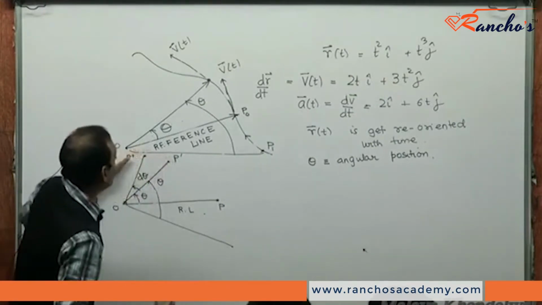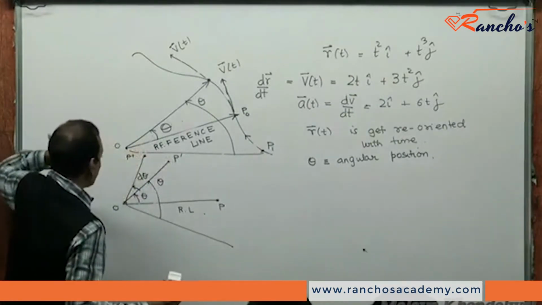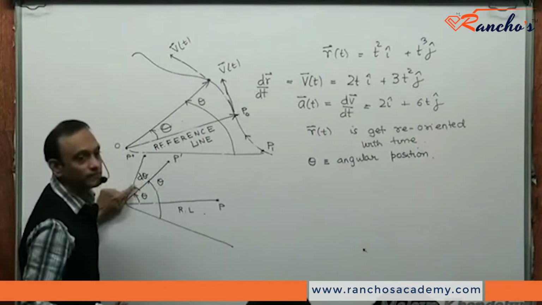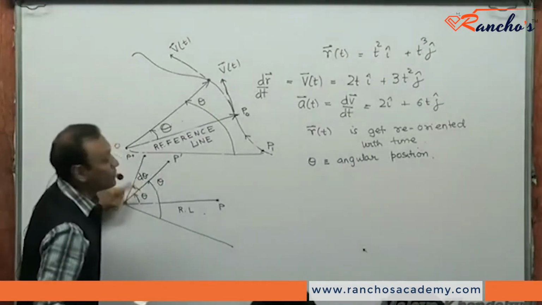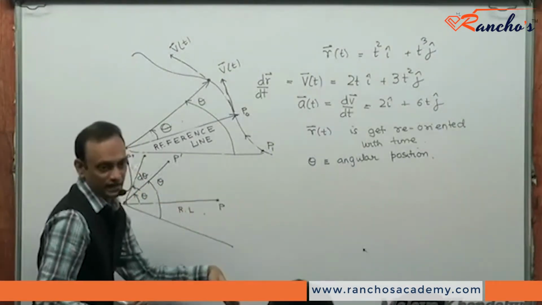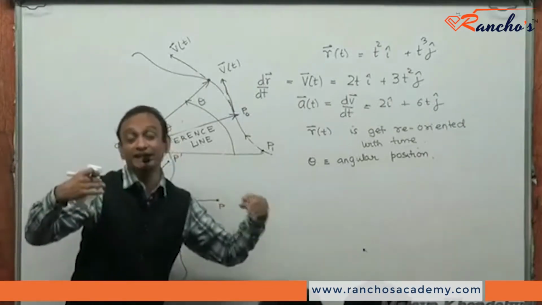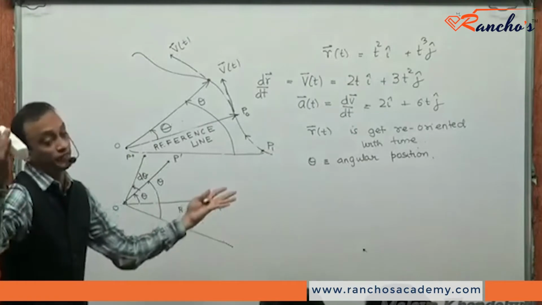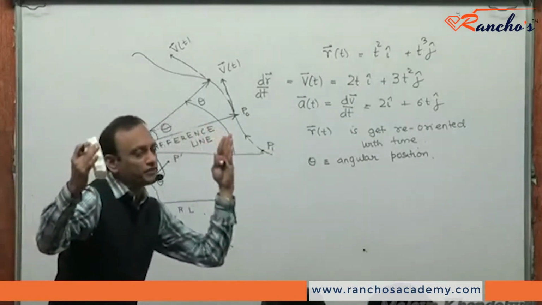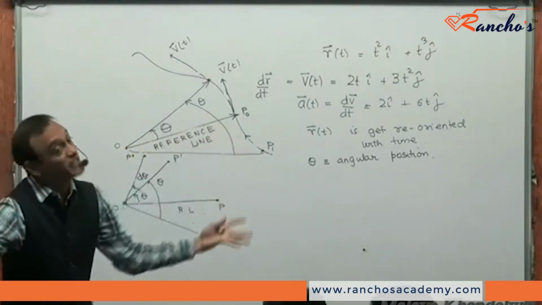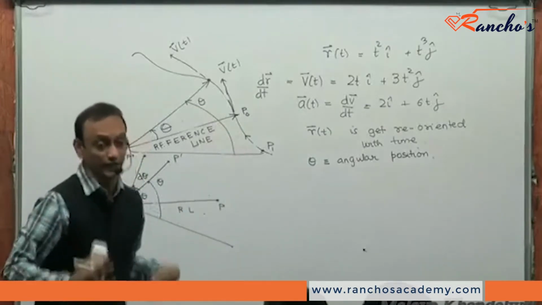But when the particle went from P prime to P double prime, there is a change in theta, which is this angle, and does not depend on my choice of reference line. Theta will depend on the reference line, but d theta, which is the change in theta, will be independent of the reference line.